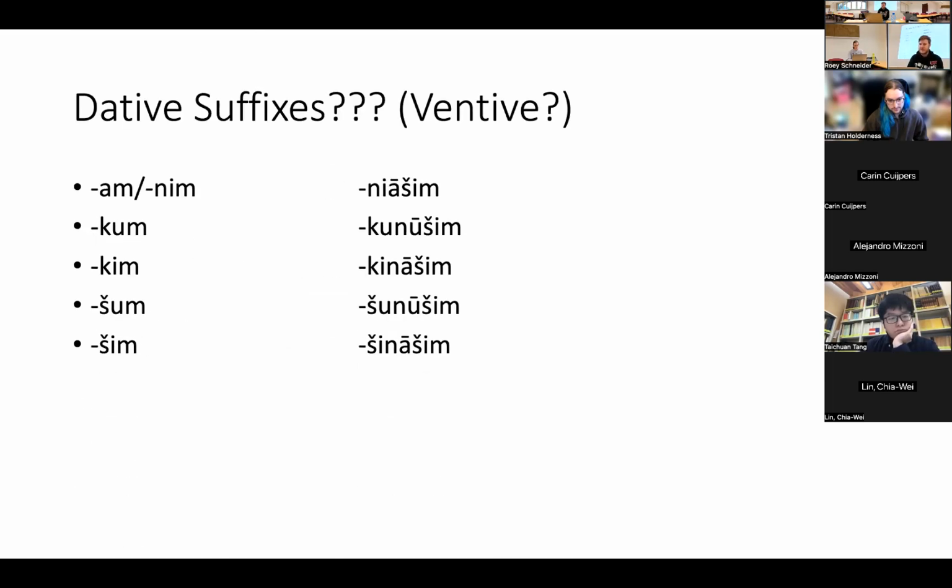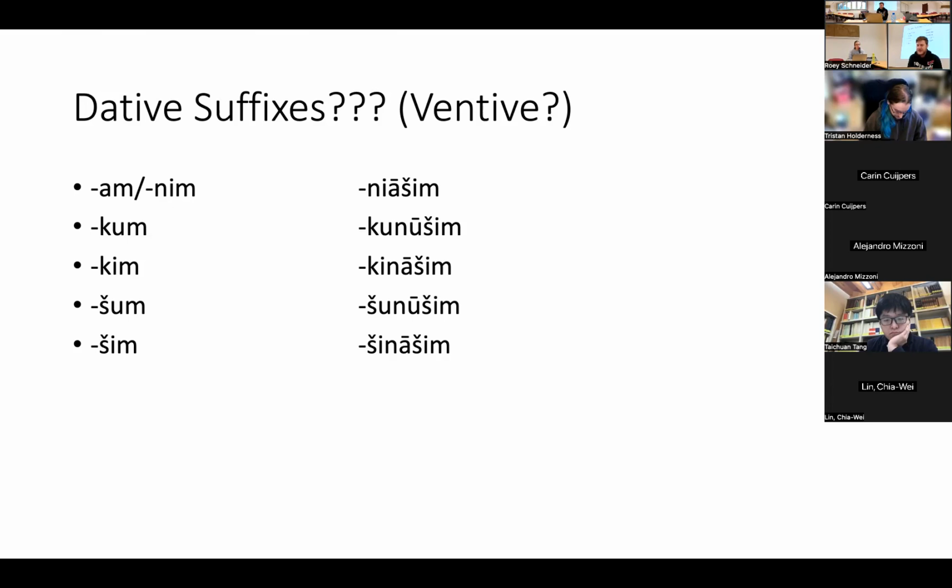And then there's the dative suffixes, which are weird and do not occur in any other Semitic language other than Akkadian and Eblite. One of them is suspiciously similar to the ventive morpheme of Akkadian, not going to say which, but I don't know anything about that except that.